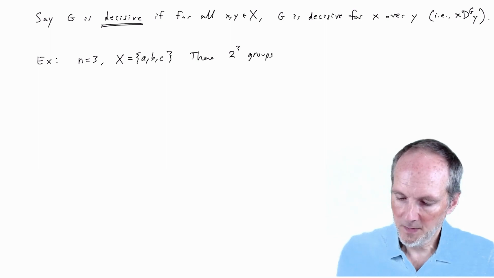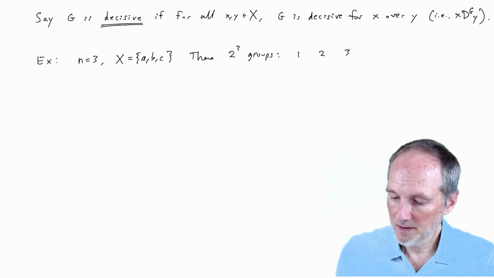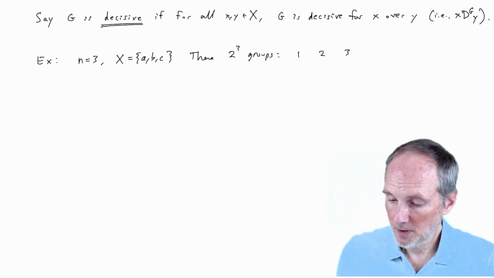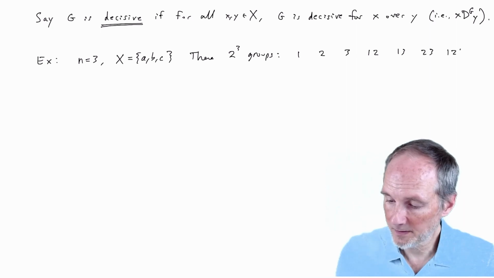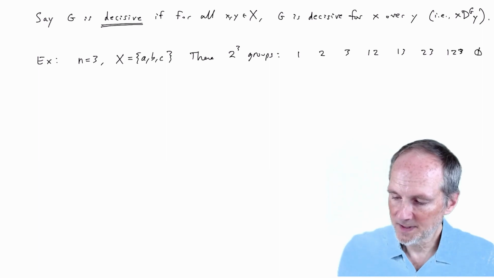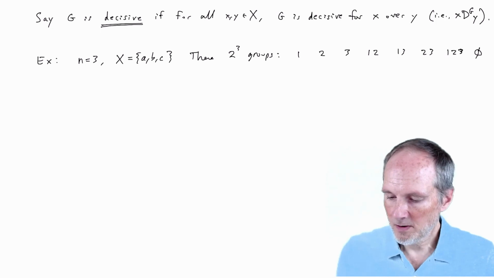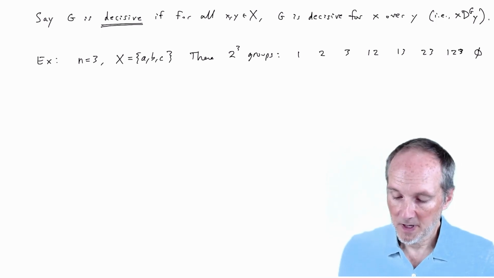What are those? We have 1 by herself, 2 by herself, 3 by himself, 1 and 2 together, 1 and 3 together, 2 and 3 together. We could have everyone together. And then there's a last group that doesn't have anyone in it. So there are 8 different groups.